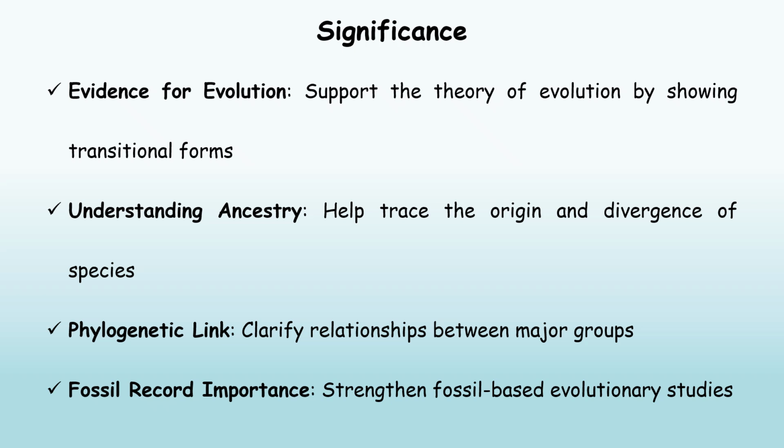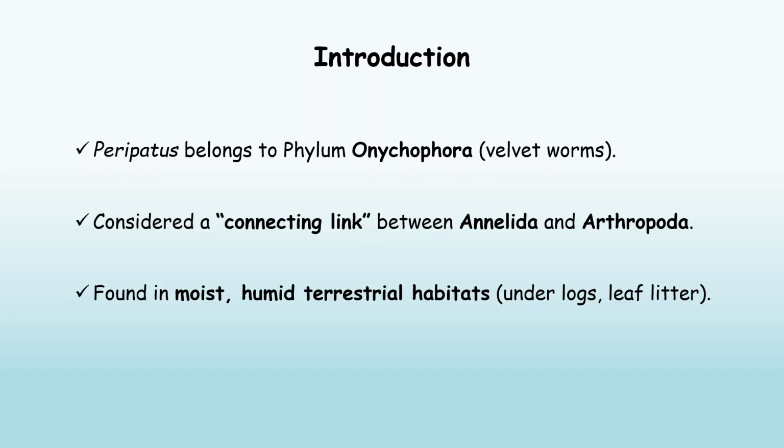Now, as a part of connecting link species, we are especially focusing on studying the structure as well as affinities of Peripatus. So let's start with the structure of Peripatus. Peripatus belongs to phylum Onychophora, which are very commonly known as velvet worms because of their velvety texture.